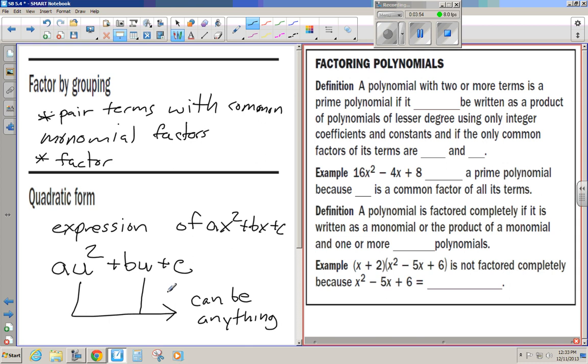All right, here's some definition stuff that you just need to fill out. A polynomial with two or more terms is a prime polynomial if it cannot be written as a product of polynomials of lesser degree using integer coefficients and constants, and if the only common factors of its terms are itself and 1.